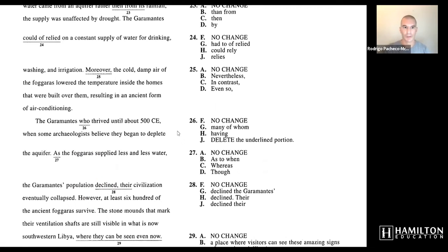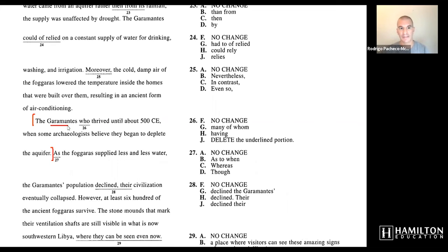structure. I'm going to read the sentence here for this question, and then we'll talk about some important elements of the sentence. So the Garamantes thrived until about 500 CE, when some archaeologists believe they began to deplete the aquifer. So looking at this sentence here, now I didn't read the pronoun here that's underlined, and that's because we don't need to.